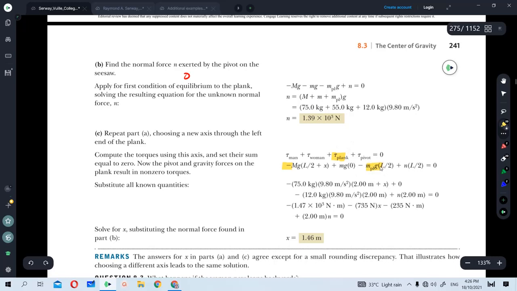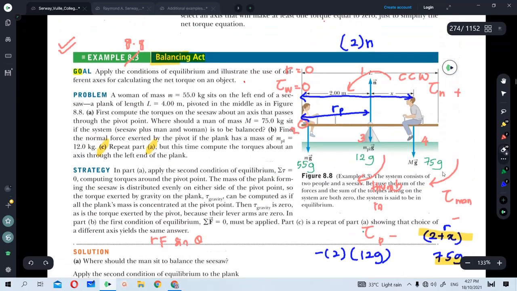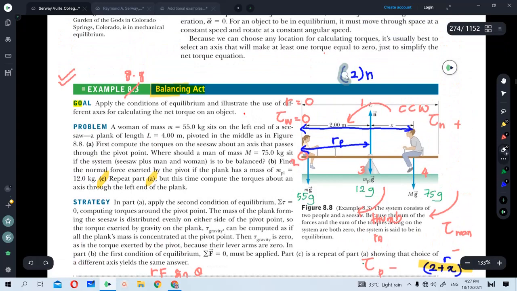So the weight times 2 meters. And lastly, the normal force, which is positive, positive 2 meters R times the normal force itself. Let's double check. Yes, it's a positive value, and the 2 meters as the R.